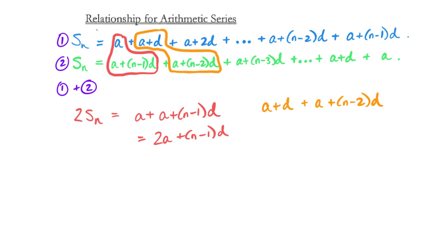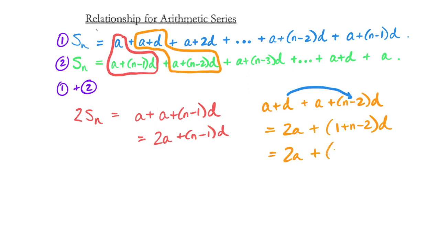I notice I can put my a plus my a together and I get 2a. Then I notice that I can put this 1d together with this n minus 2d's. So if I take 1d plus n minus 2d's, then I can collect those things.